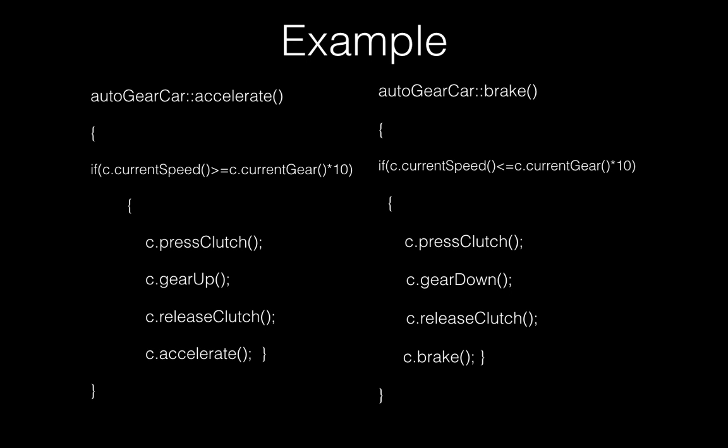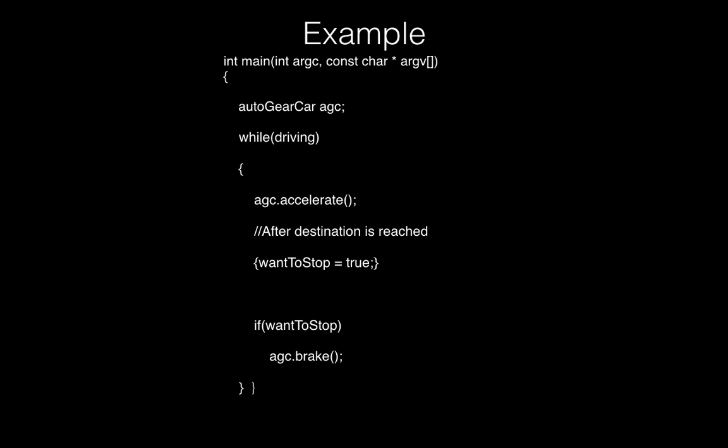You have hidden that functionality in your accelerate function, and similarly in your brake you have hidden the complex functionality of pressing clutch, decreasing the gear, then releasing clutch and then brake and so on. So this is how you hide the complex interface behind a nice and clean interface of just accelerate and brake.